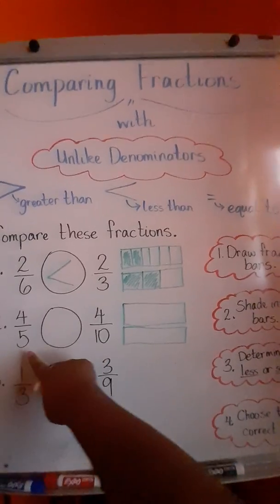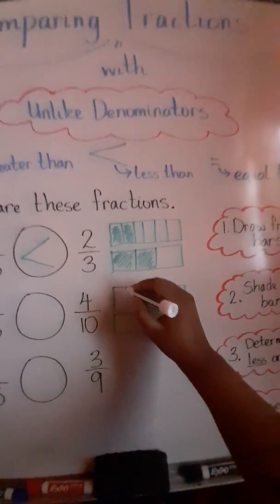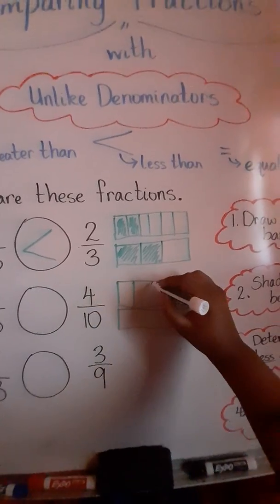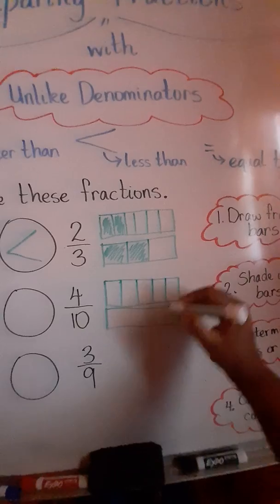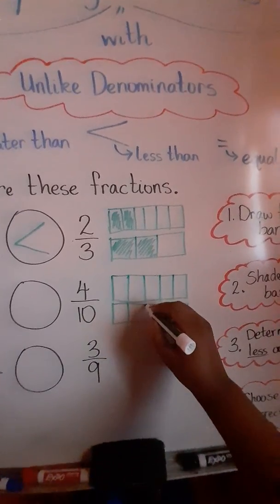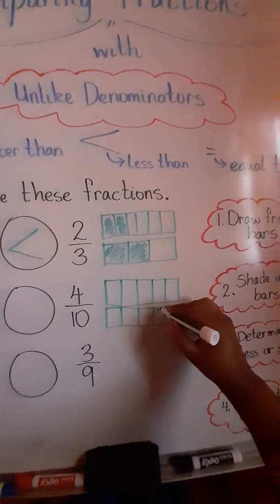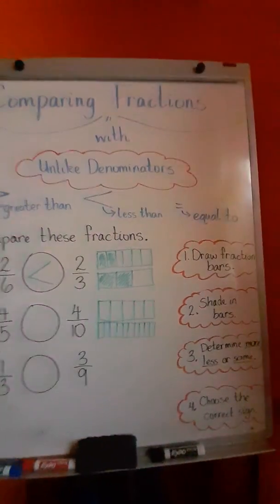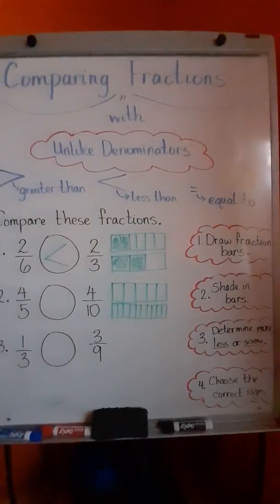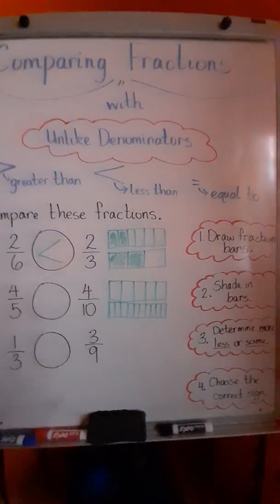The first fraction is out of 5 parts and the second fraction is out of 10. It takes a little bit of work, but once you get used to drawing them in equal parts, it becomes easier. Now we have to shade in the bars.